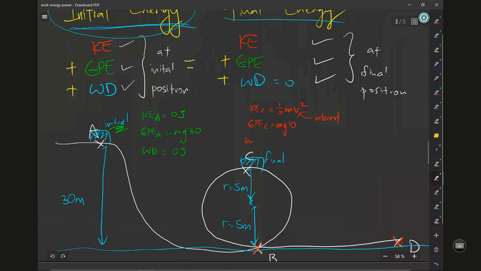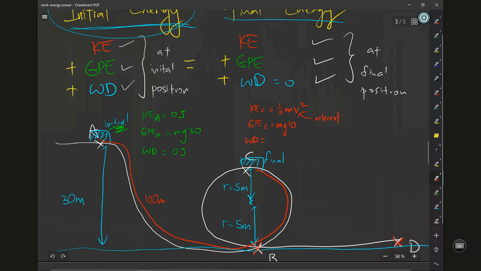Now, what is the work done? Throughout the entire scenario, is it doing work against friction? Yes, because I said this is a friction track. Let's say the entire distance covered as it moves from A all the way to C is, let's just call it, 100 meters.